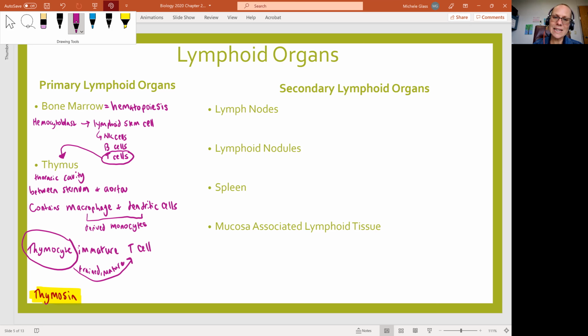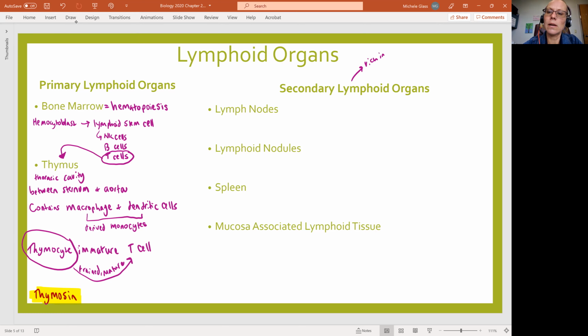Moving on to our secondary lymphoid organs, what we'll see is that these organs will be rich in both T cells and B cells. We'll see that there are often fixed macrophage, meaning they're housed here. This is where they're resident in these particular organs.